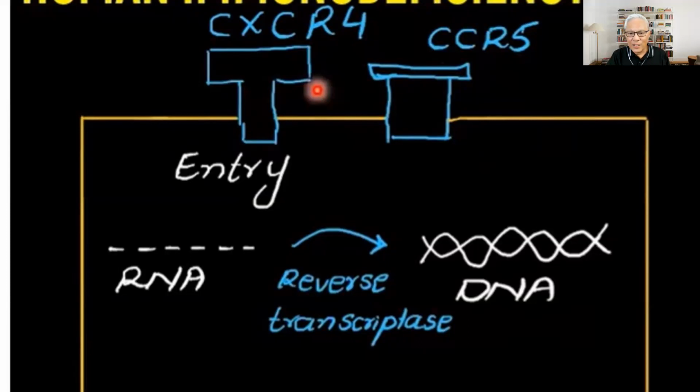All right? So usually during the early part of HIV infection, CCR5 is used much more frequently. So let's see now and illustrate how the HIV is going to go. So the HIV is going to attach itself to here and then eventually will go.